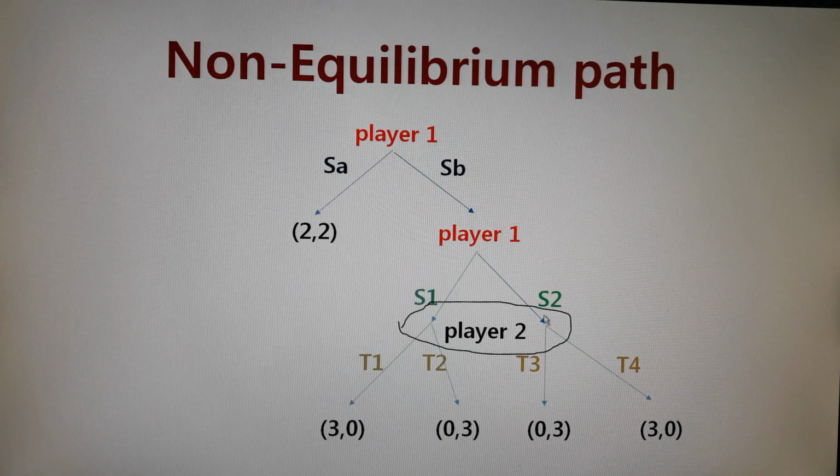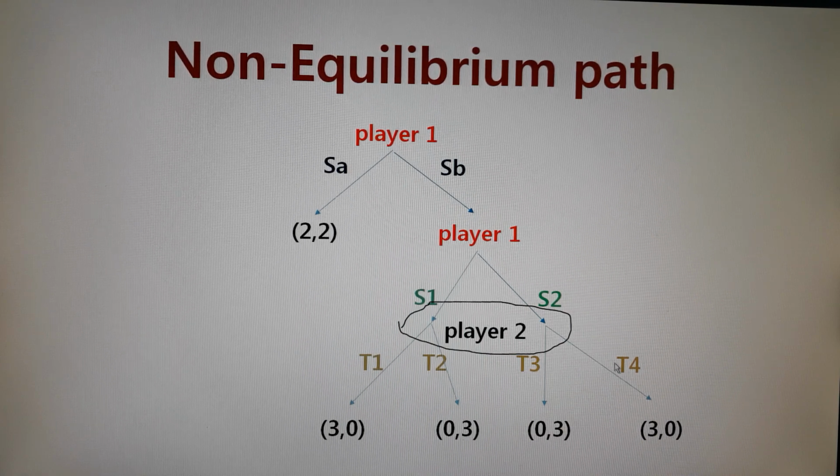If player 1 chooses S2 and player 2 chooses T1, I'm sorry, not 3 and 4, 1 and 2. So many typos. But anyway, if player 2 chooses T1, it's 0 and 3. If player 2 chooses T2, it's 3 and 0. Okay, I have to rewrite this.